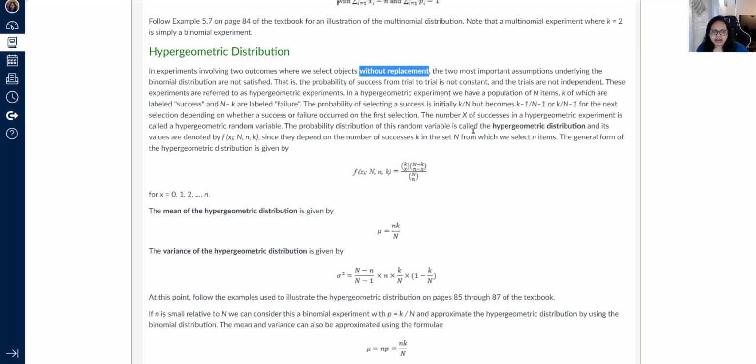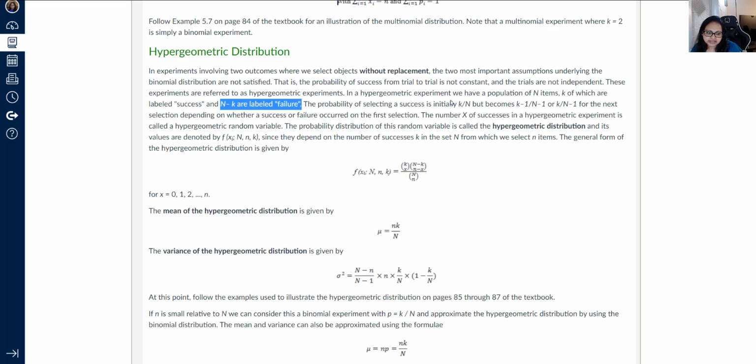Since it's changing, we need to add more parameters in our distribution. So let's say we have an experiment, and in that experiment we have a population. What's the population size? In that population, we need to define what we are calling a success, and the rest of them will be the failure. It's similar to the binomial distribution: we have success, we have failure. But in each of those trials, the probability is changing.